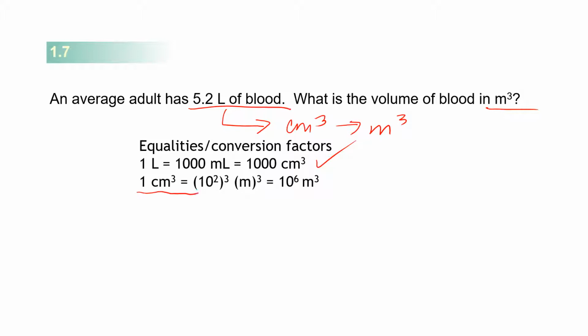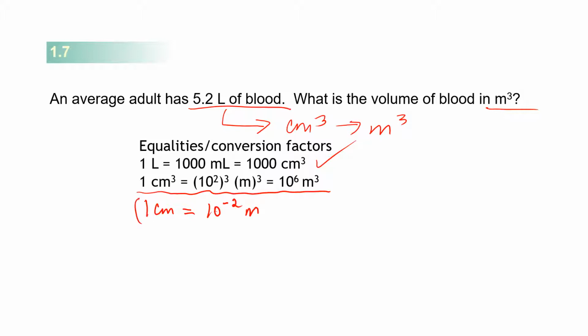And take a look at this. Tell me what's wrong with it. There's something gravely wrong with this. I forgot to make the exponent negative here because, in fact, 1 centimeter equals 10 to the negative 2 meters.